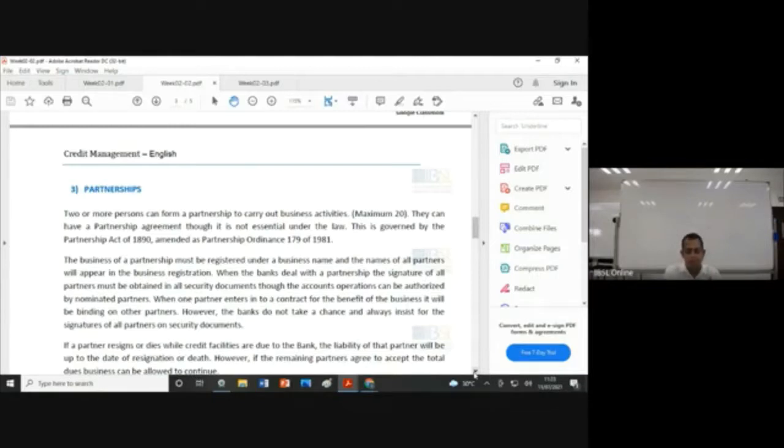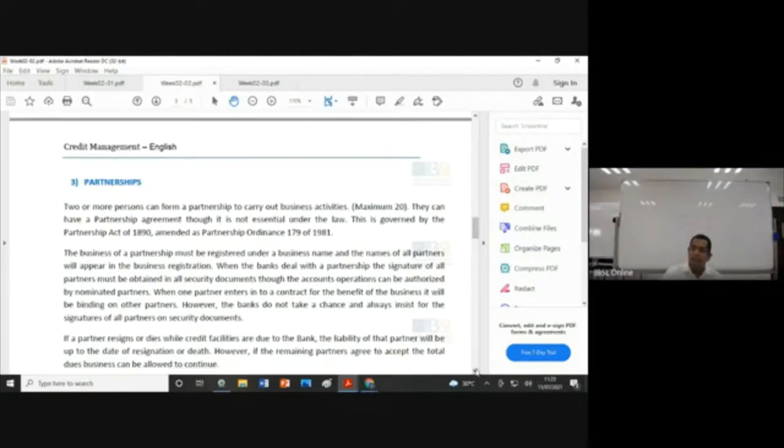Then, if a partner dies or resigns, their responsibility stops at that point. If other partners are okay to take over the liabilities and run, we will allow the business to run. Otherwise, liquidate the business and pay all the dues.